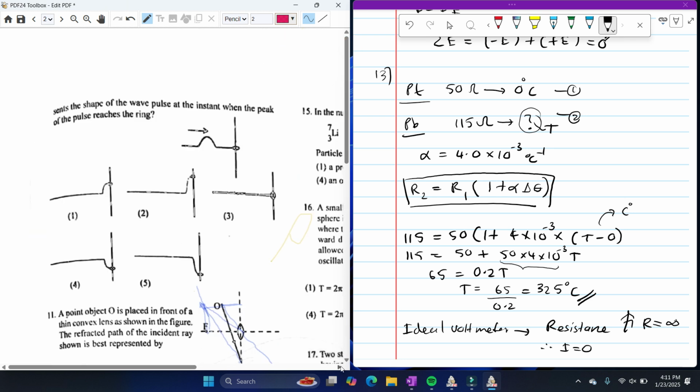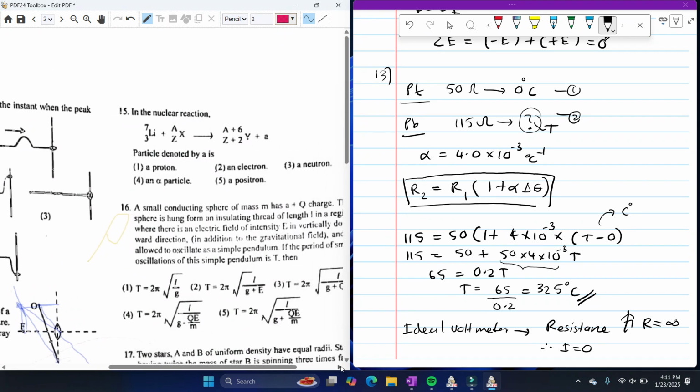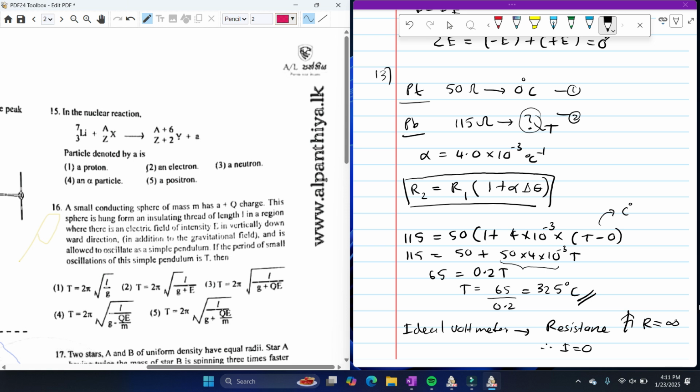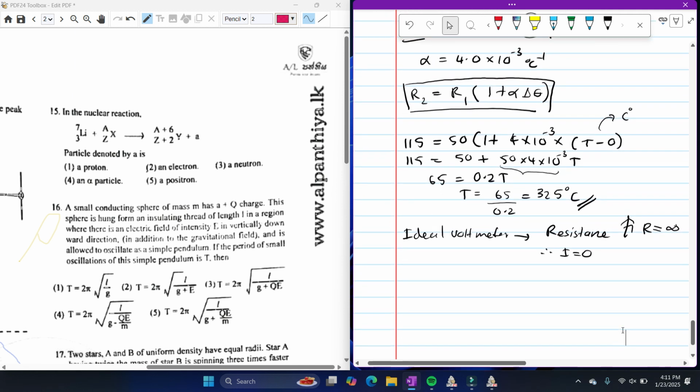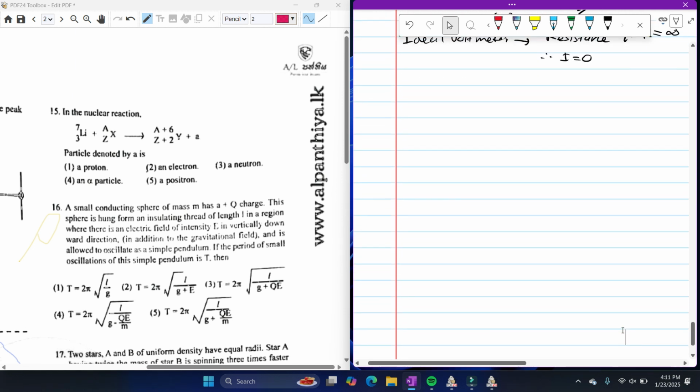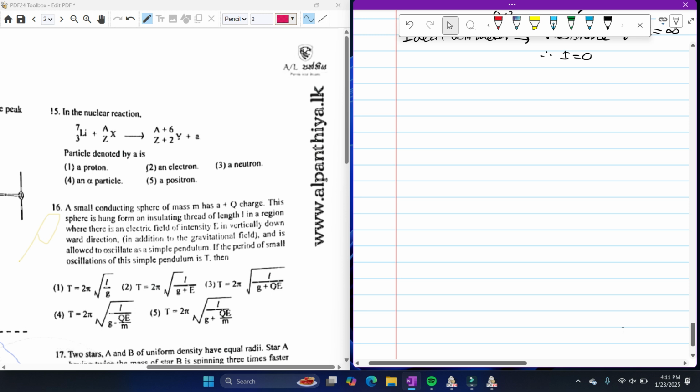Next question comes under matter and radiation, the radioactivity part. There is a nuclear reaction given, so better write down this nuclear reaction in your sketch paper.